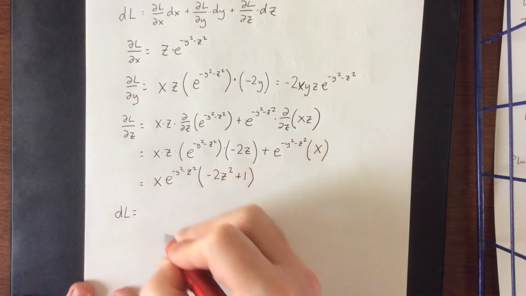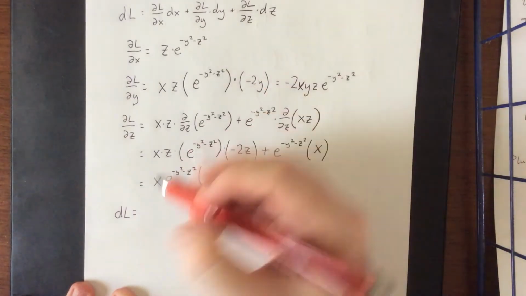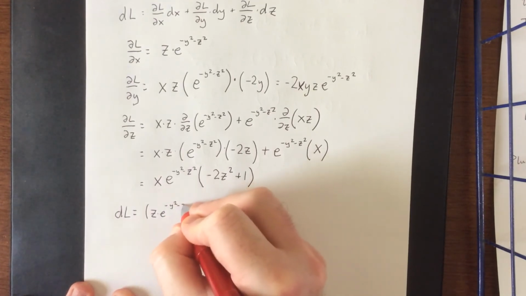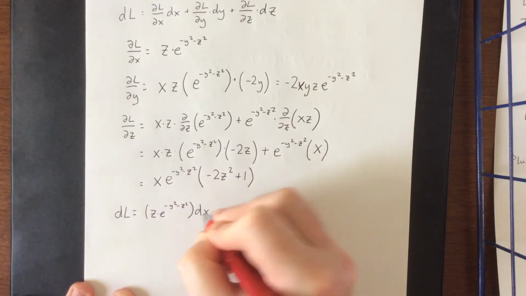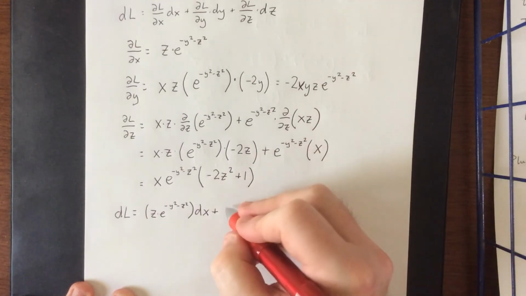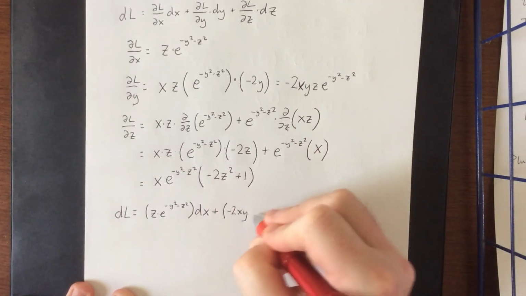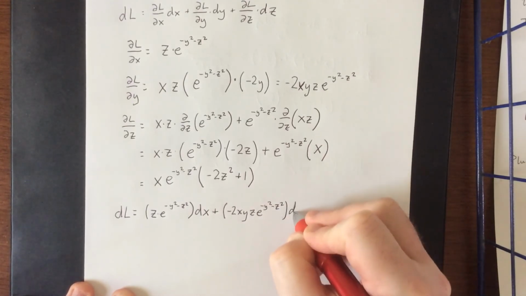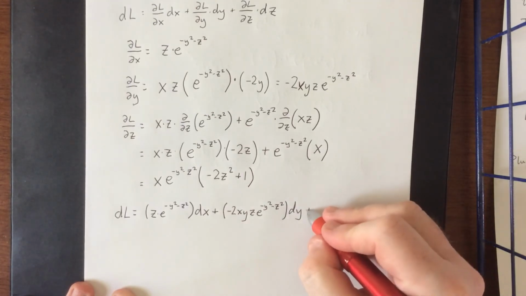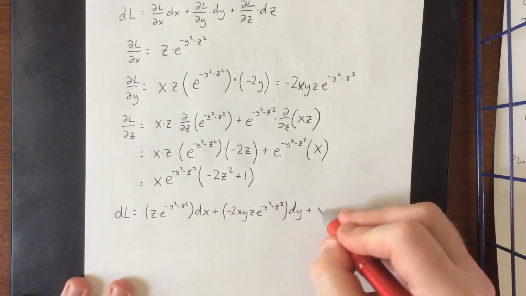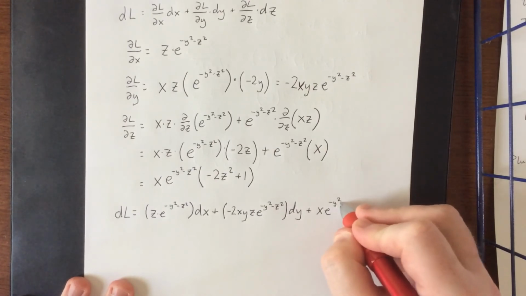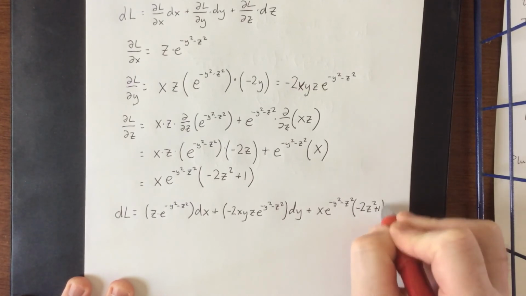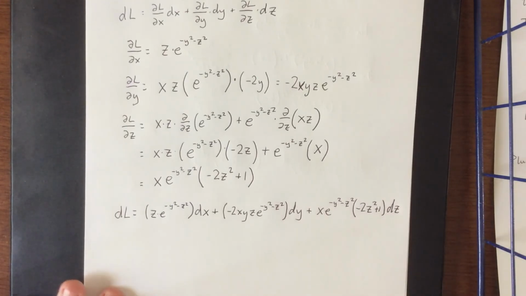So dL is going to be equal to this partial derivative, z times e to the negative y squared minus z squared, times dx, plus this partial derivative, negative 2xyz, e to the negative y squared minus z squared, times dy, plus, let's see if we can get it all to fit in this one space here, x e to the negative y squared minus z squared times negative 2z squared plus 1 dz, and it all fits.